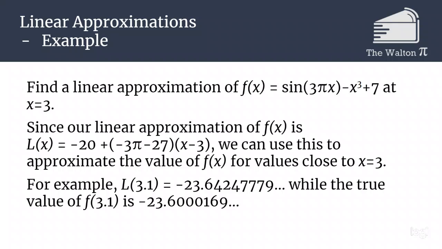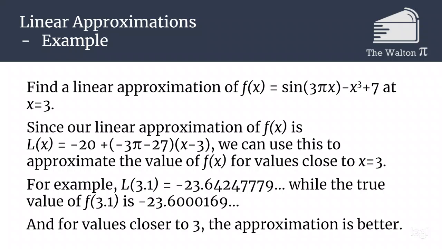It's so that we can find the value of a function for values that are close to a value that's easy to calculate. And if we had tried f of 3.01 or f of 3.001, those would have been even better approximations.